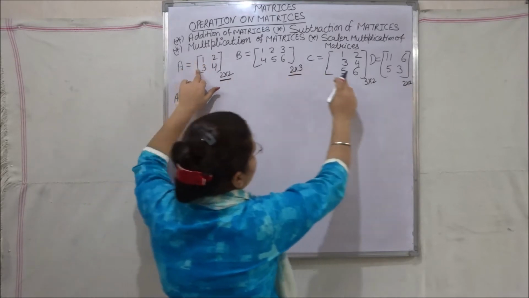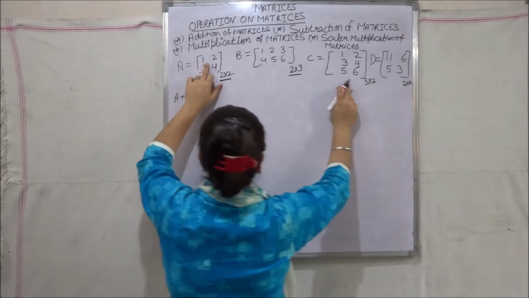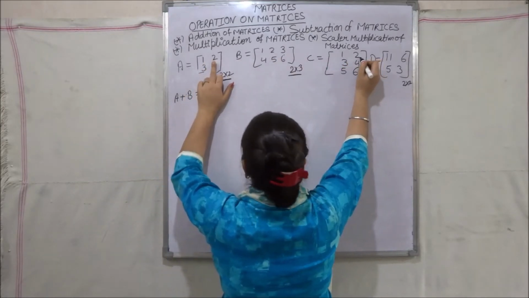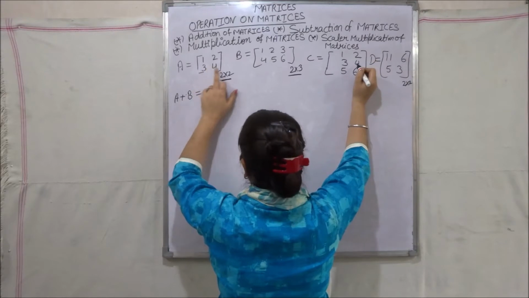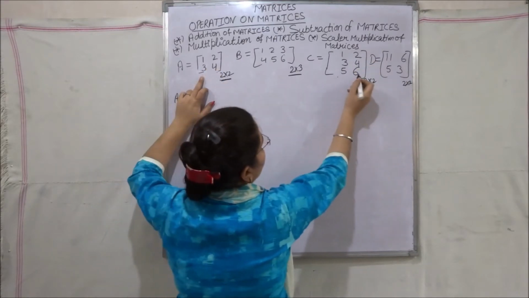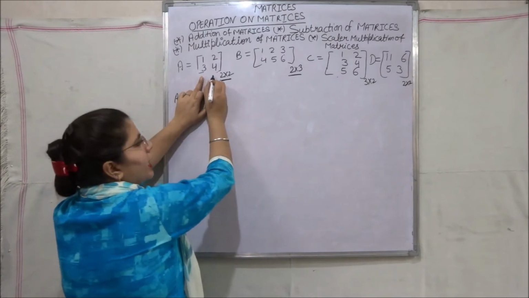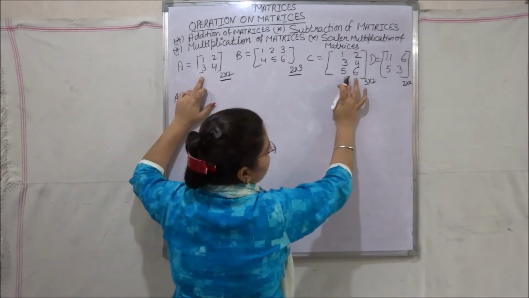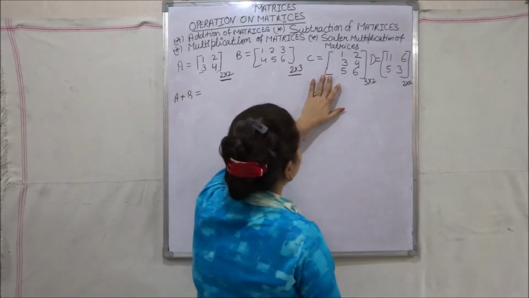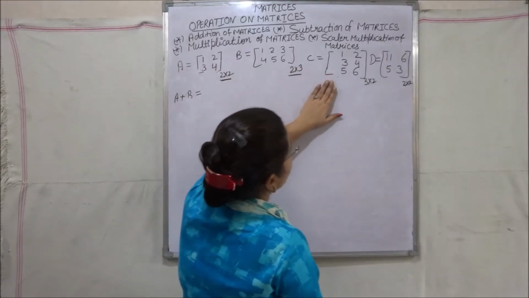Now let us take A and C. 1 will be added to 1, 2 to 2, 3 to 3, and 4 to 4. But there are no two elements present in matrix A which can be added with the elements 5 and 6. So we can't add or subtract these two matrices either.